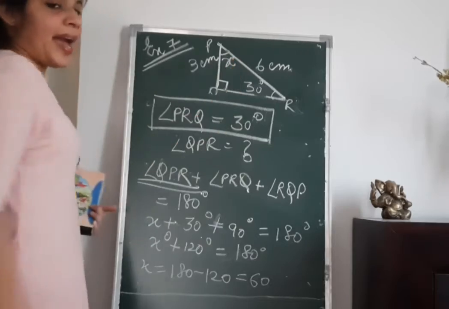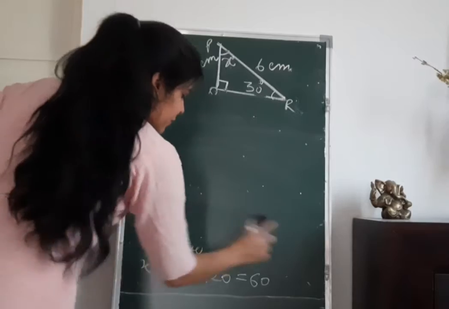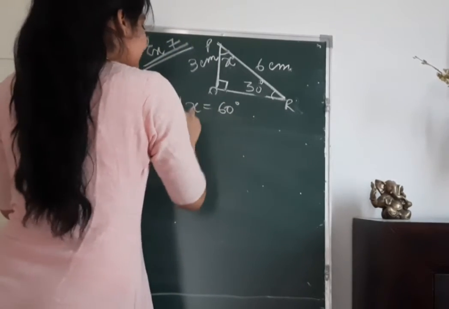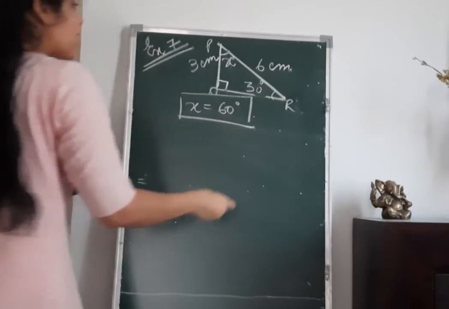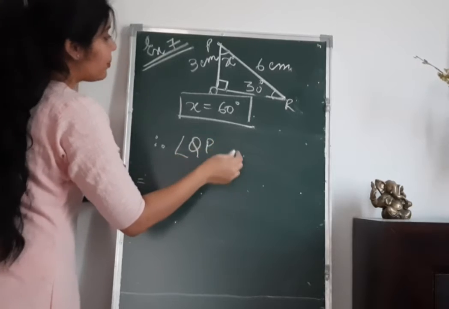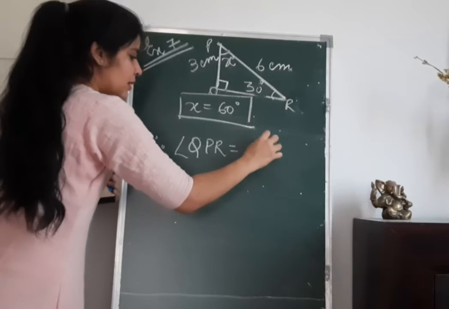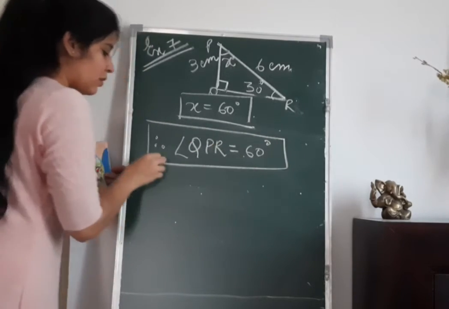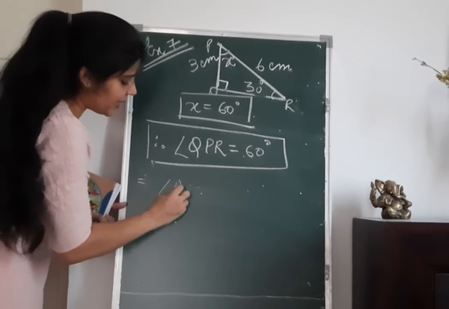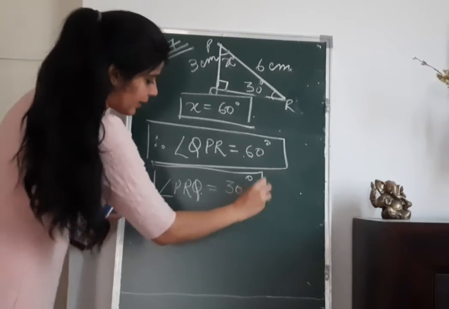So the value of x is 60 degree. Therefore angle QPR is equal to 60 degree, and angle PRQ as calculated is equal to 30 degree.